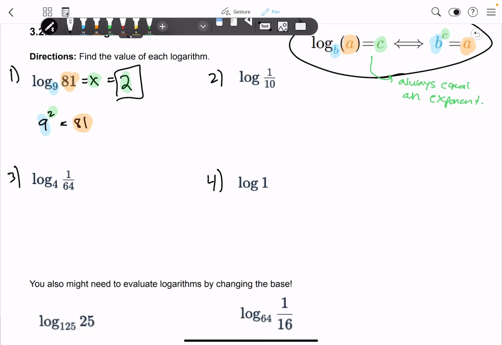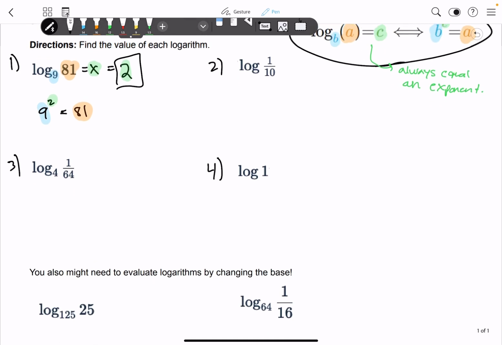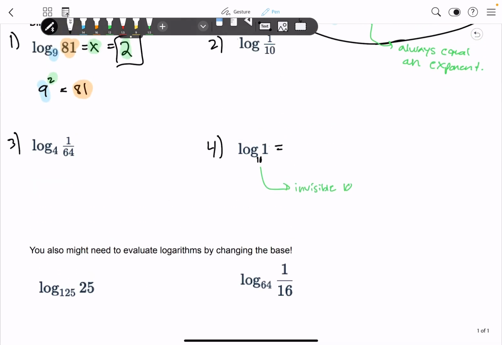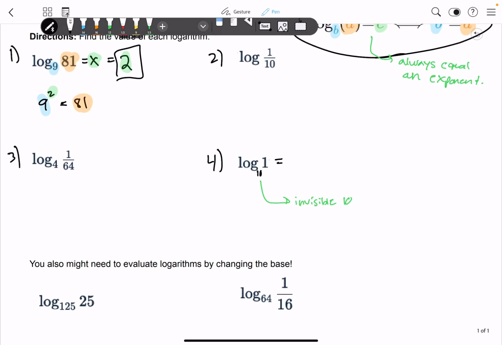Look down here at number 4. Remember that if you don't see a base written, it's an invisible 10. Logs without a base are always written as log base 10. So we need to think, 10 raised to what power is 1?